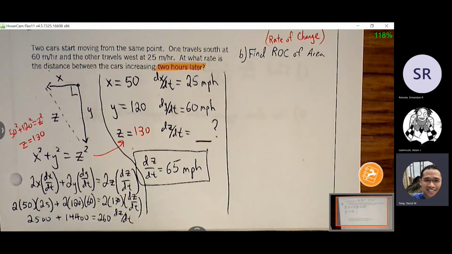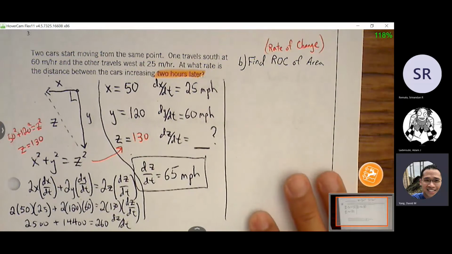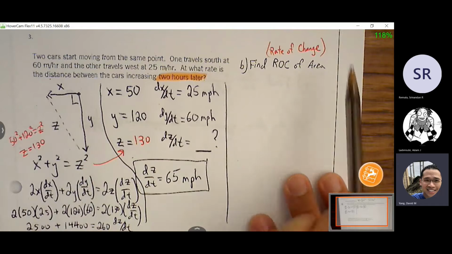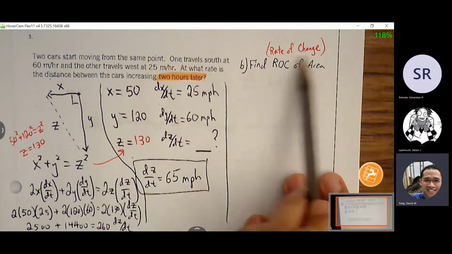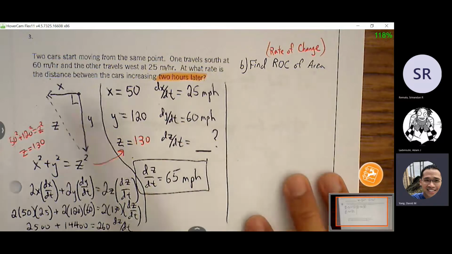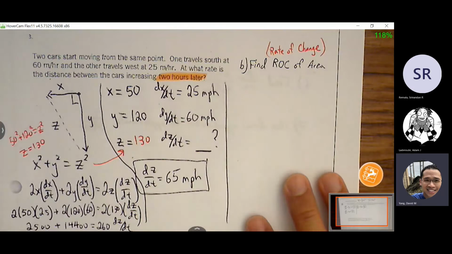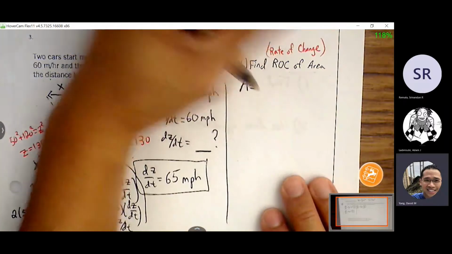Okay, so now part B says find the rate of change of the area of this triangle at this moment in time. So if we think about area here, area is 1/2 base times height. We can create our area equation first. We can worry about finding the derivative after. So area equals 1/2 base times height.